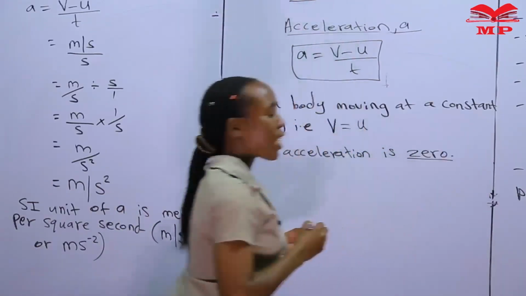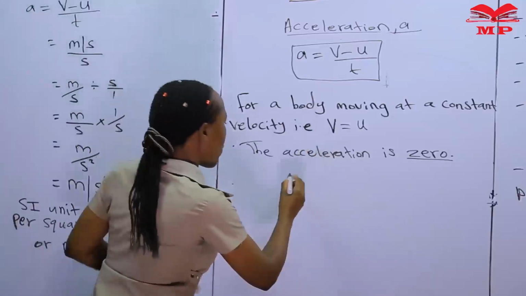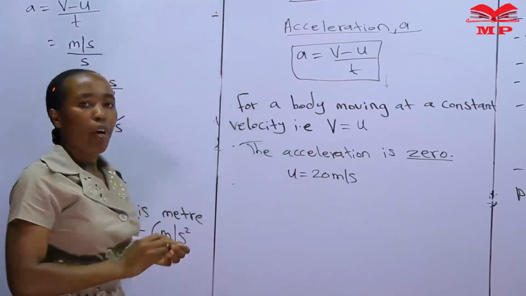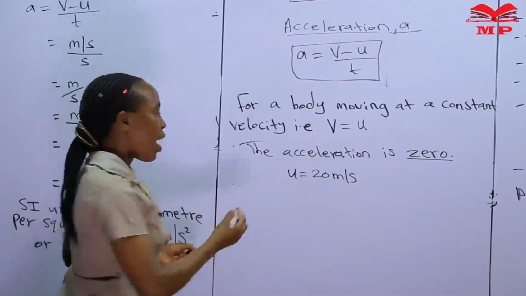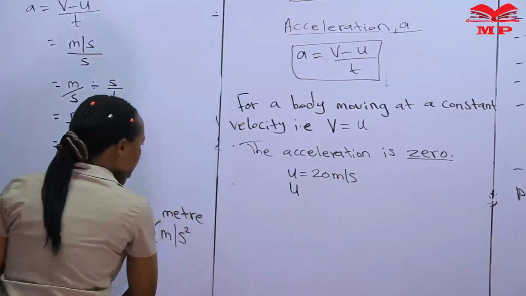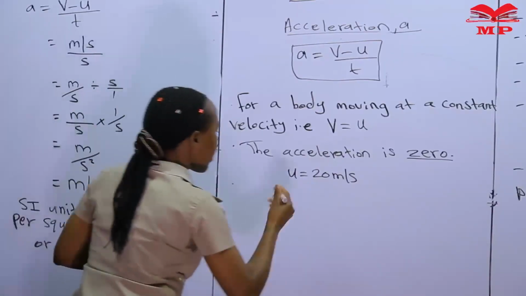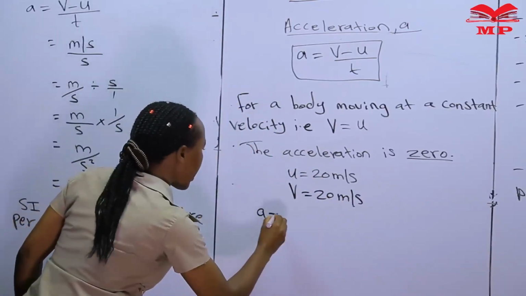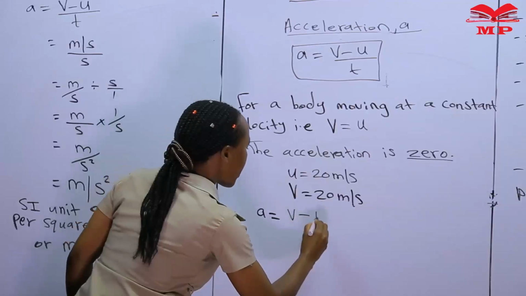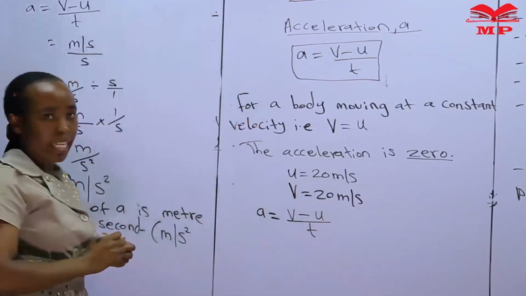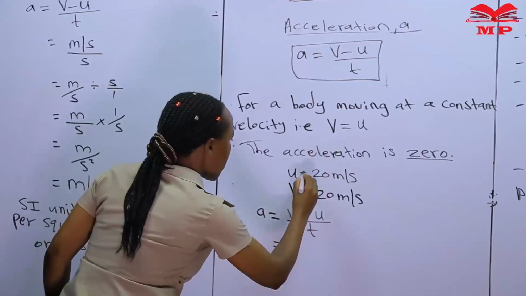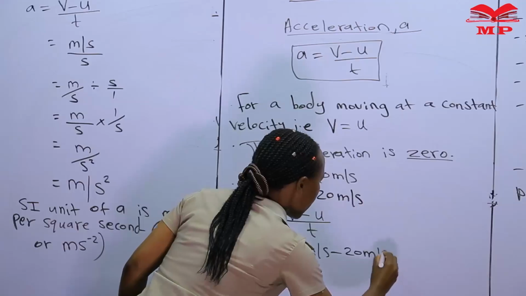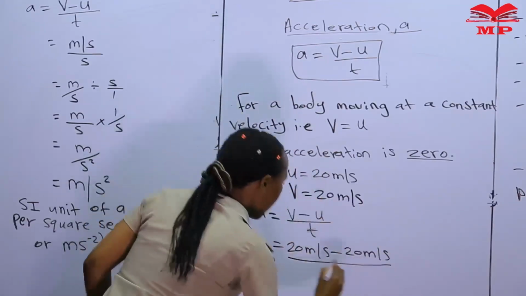For example, if we take our initial velocity to be 20 meters per second, that body is moving at a constant velocity, and therefore the final velocity is also 20 meters per second. It means that acceleration will be the final velocity minus the initial velocity divided by the time taken. So we have 20 meters per second minus 20 meters per second, divided by the time taken.